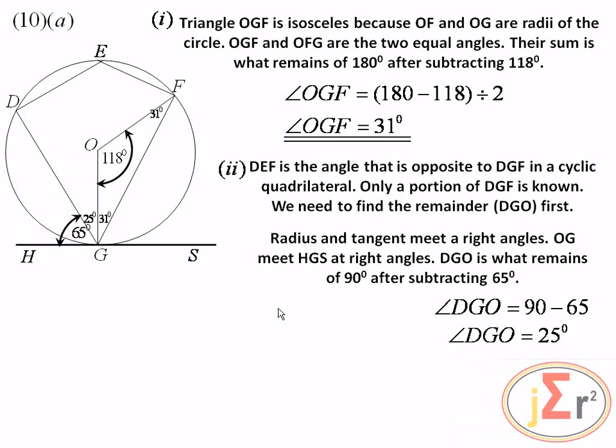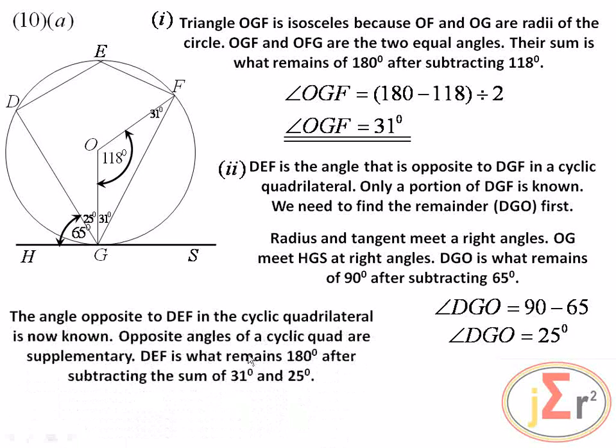So now that we have the entire angle right here, we may go straight ahead and use the cyclic quad and the supplementary angles that are opposite to each other in order to find the angle DEF. The angle opposite to DEF in the cyclic quadrilateral is now known.